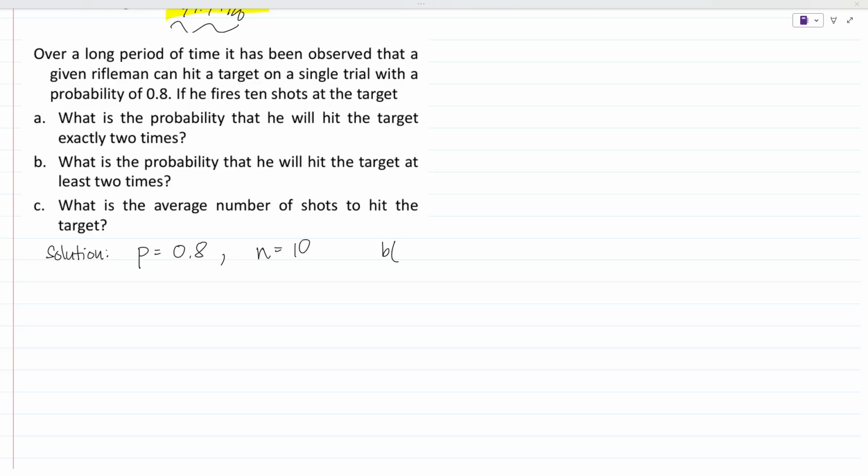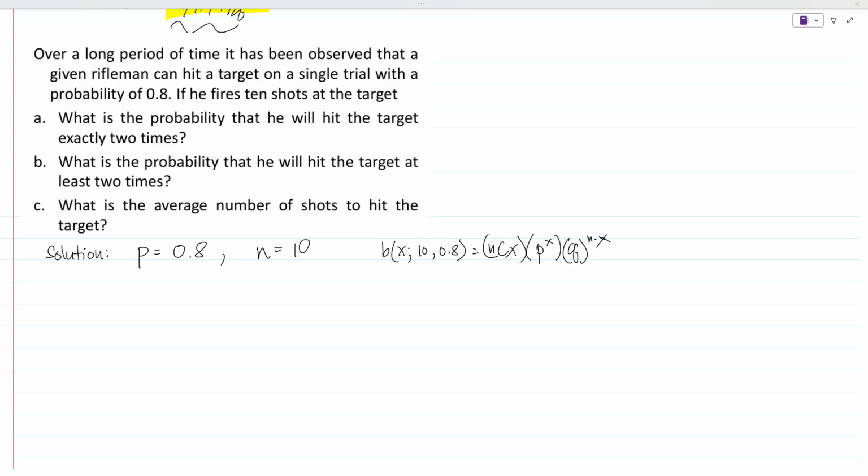Ang technique para mas maalala ninyo is, syempre, every problem, sulat yung formula. The number of success, the target natin, number of trials, probability of success equals NC of x times P raised to x times Q raised to N minus x.